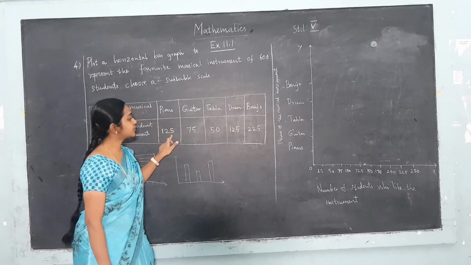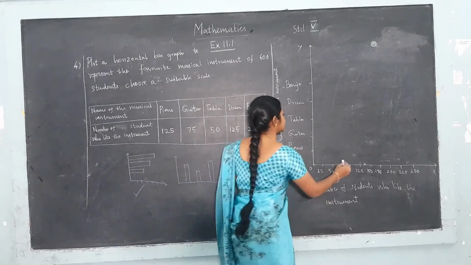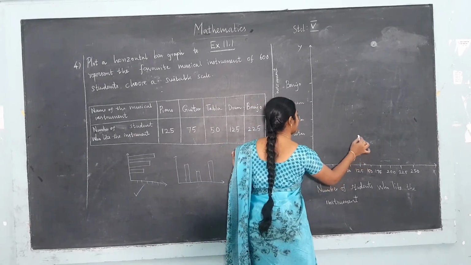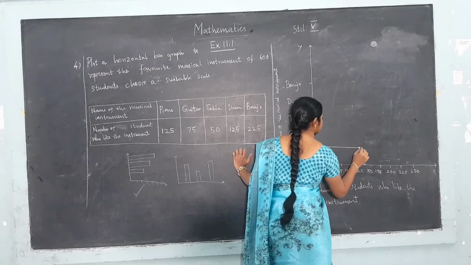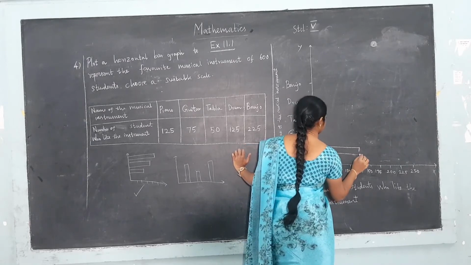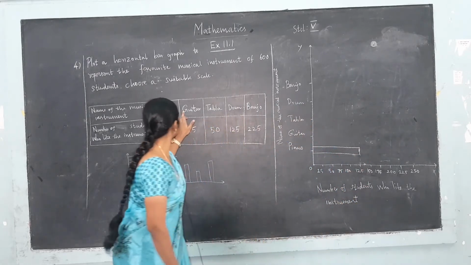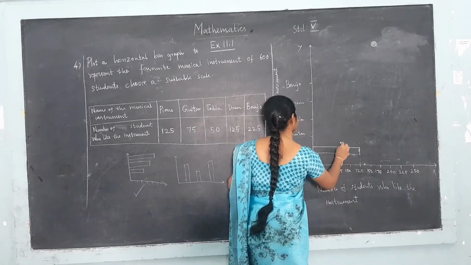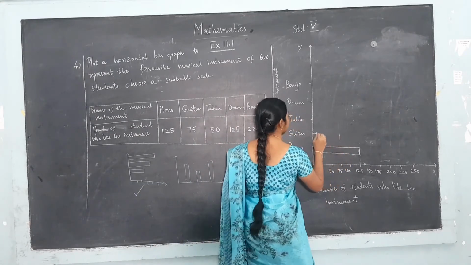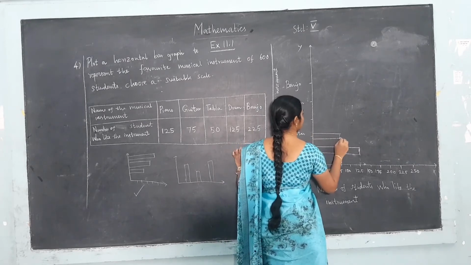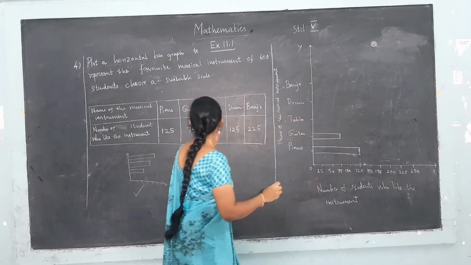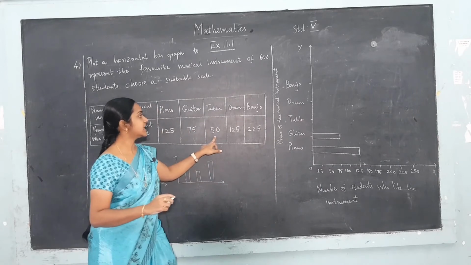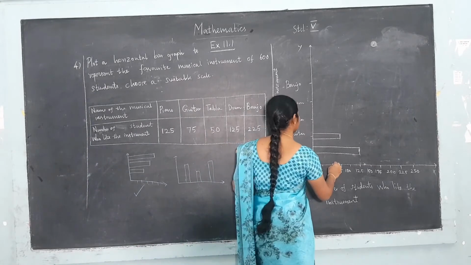For piano it is 125. So till 125 we have to draw the bar. Next it is guitar. For guitar it is 75. So till 75 we have to draw the bar. Next tabla. For tabla it is 50.